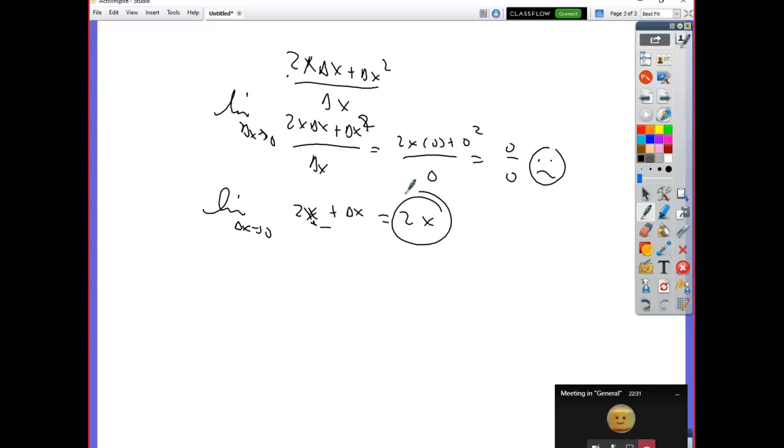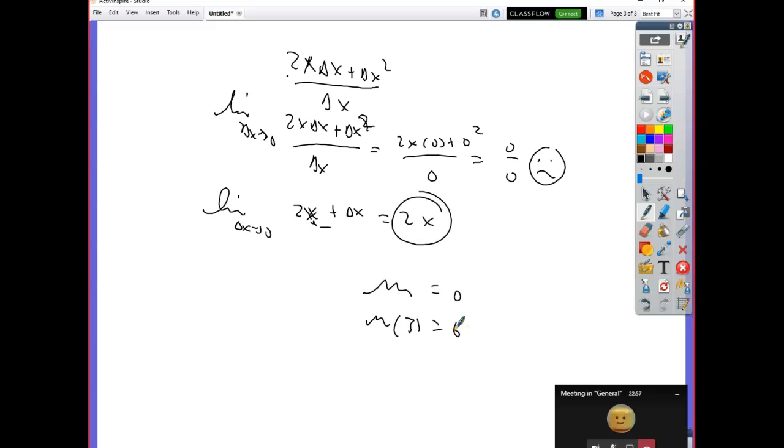This is the slope. The generalized form of the slope, is it not? That's what we just did. What is the slope when x equals 0? 2 times 0, I get 0. Slope is 0. We found that earlier, didn't we? What was it when it was 3? 6. Slope at 3 is 6.